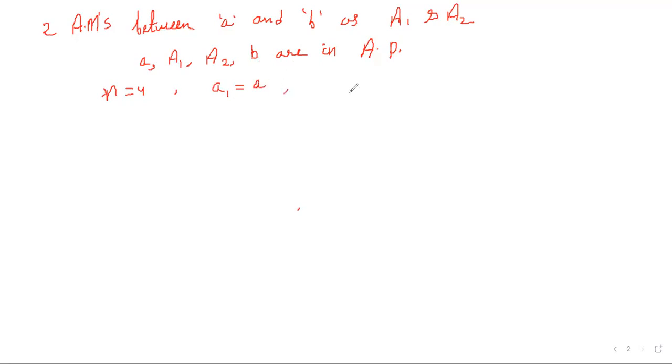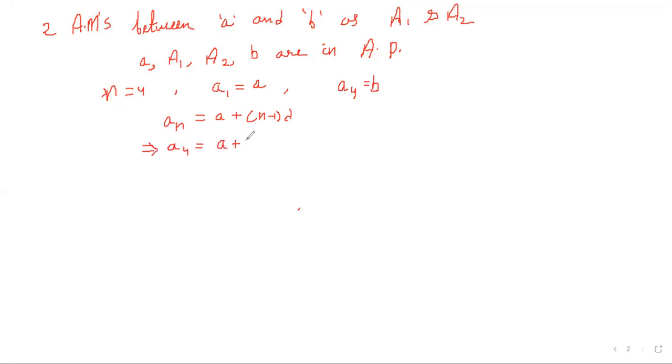And b, what is the order of b? b is the fourth term. And we know that formula for nth term is a plus (n minus 1) into d. So what will be the formula for fourth term?